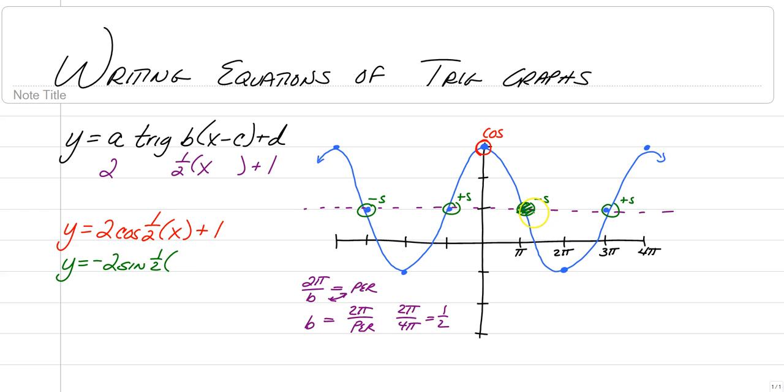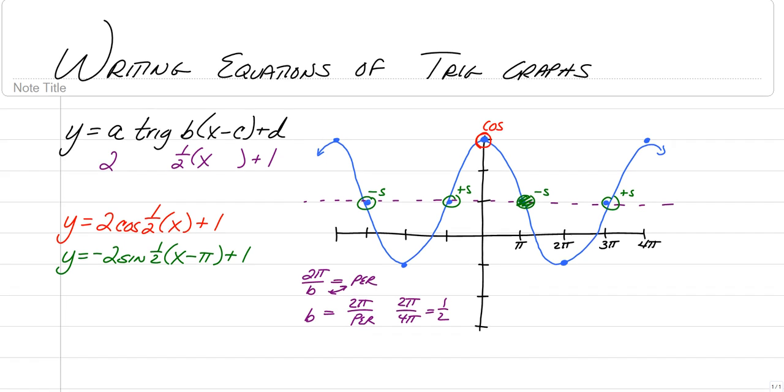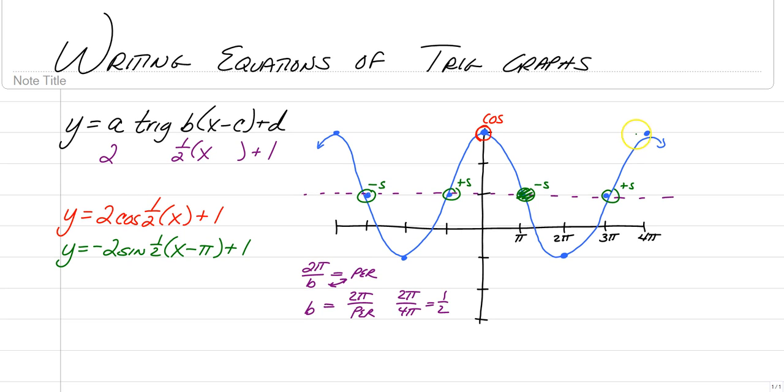And now we shifted. We shifted pi to the right to start this guy off. So if we're starting pi to the right, that would be x minus pi, because it's opposite of what you think. And it's still plus 1. And we're done. That's it. It's all you have to do. So we could have picked this guy over here and did a negative sine and did x plus 3 pi.